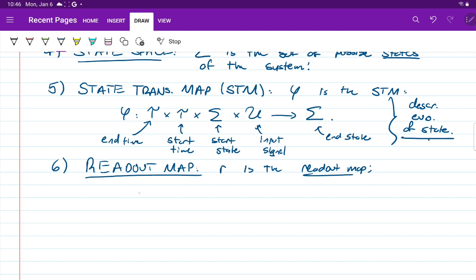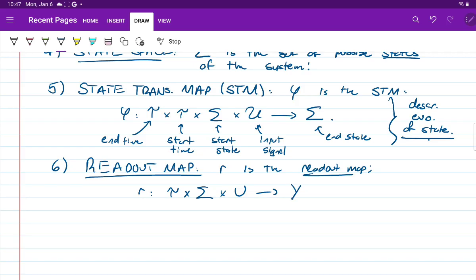And what the readout map is, it's a map from T cross sigma cross non-curly U. Okay, so we're not going from our input signal space, but rather from our input value space. And we are mapping into our output value space.